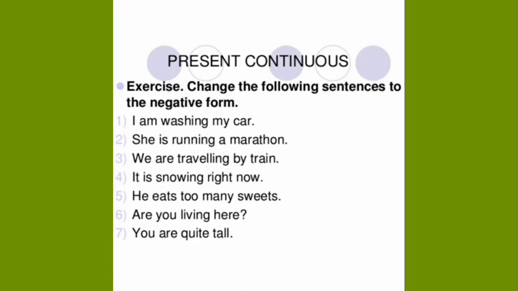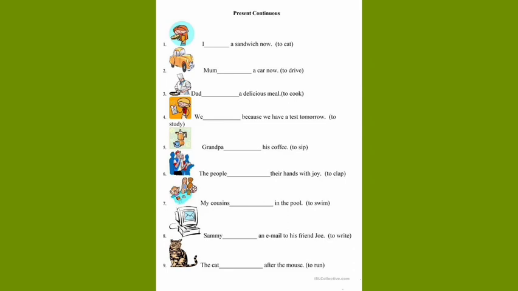You are quite tall. So these are some sentences. You need to change the following sentences to the negative form. How do we construct the negative sentences? I have already explained in the previous slides, simply by adding not.